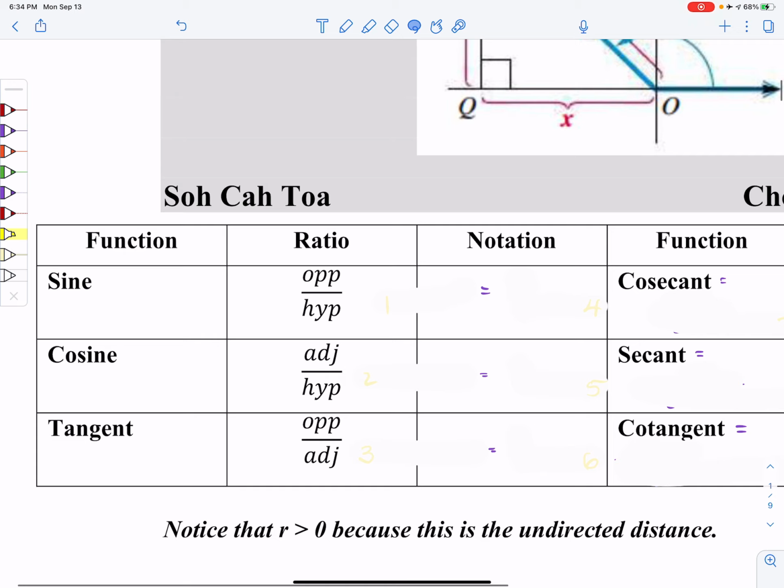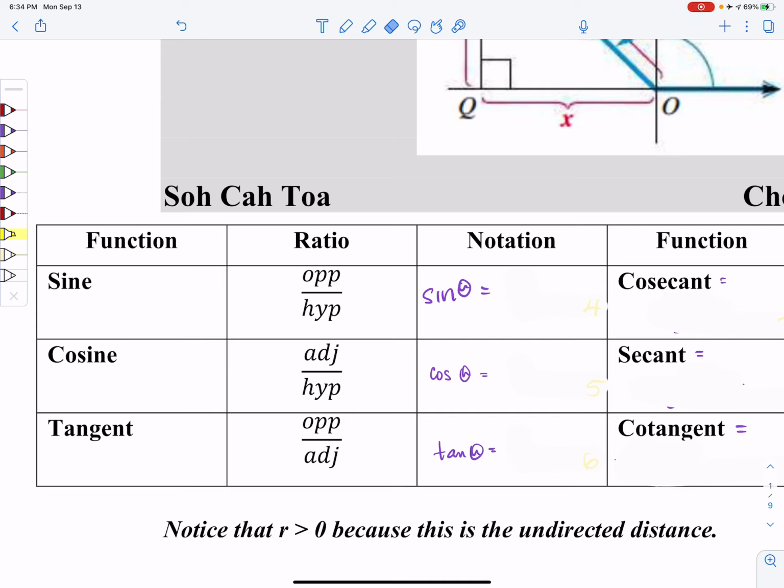First of all, let's look at just simply the notation. The sine of my angle is written S-I-N, but still pronounced sine. The cosine is written C-O-S. This is the abbreviation, the notation. And tangent is T-A-N. Now, I want you to notice that the angle theta always goes with my trig function. They can never be separated.